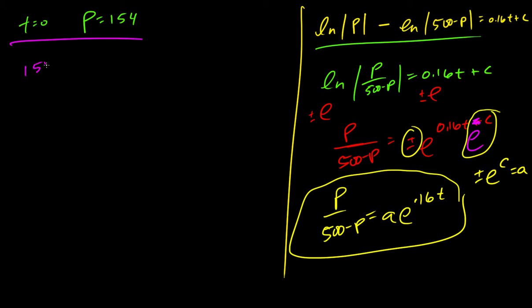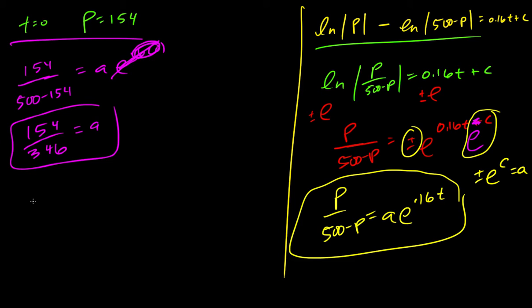I'll just plug in 154 over here. So I plugged in those values. This all goes to 0, that all goes to 1, so a is just equal to 154 over 346. Okay, so rewriting this, we get p over 500 minus p equals 154 over 346 e to the 0.16t.